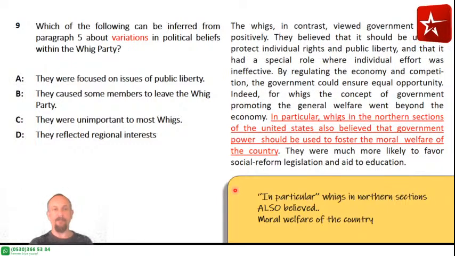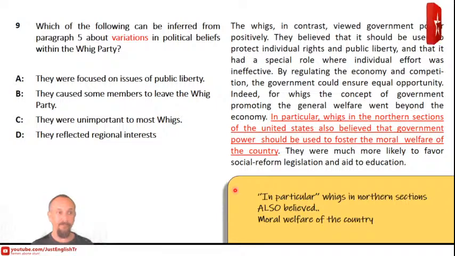So let's go back to the options, A, B, C, and D. I'll give you the opportunity to change your options if you've answered already. General welfare, welfare, I can't remember what welfare was. I think it was an Arabic word, but it's been a long time since I've looked at it.